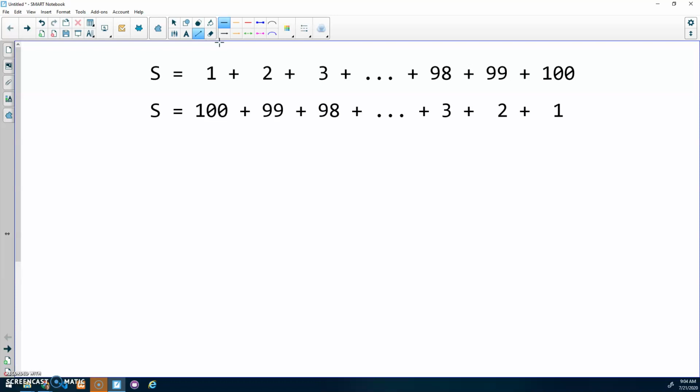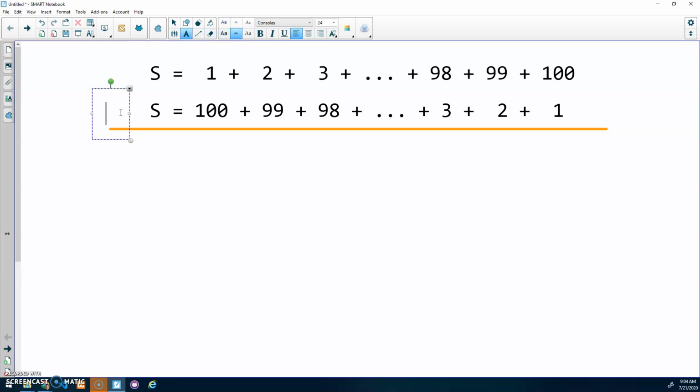And if you do that, you can notice that if we decided to add these things together, so let's put a plus sign here. All right, I'm going to take S plus S, and let's see what we get. So S plus S is 2S.